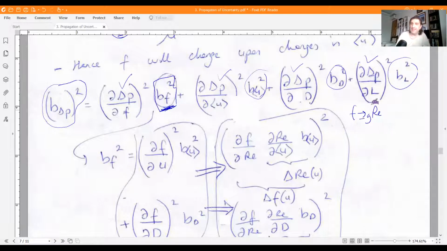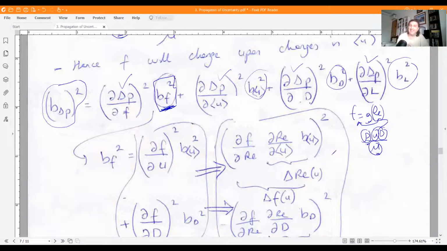That's why I write it as G, a function of Reynolds number. Reynolds number is density times velocity times diameter over viscosity. Since I assume that the others are free of uncertainty, uncertainty in U and D will be reflected in Reynolds number, and the uncertainty in Reynolds number will affect F. This is how this whole thing goes.